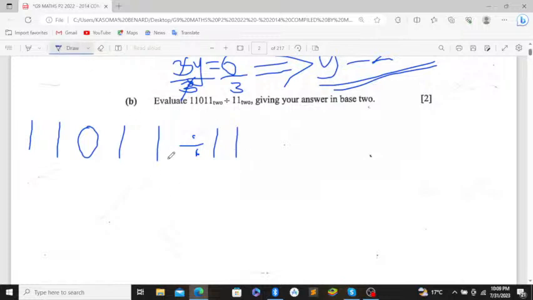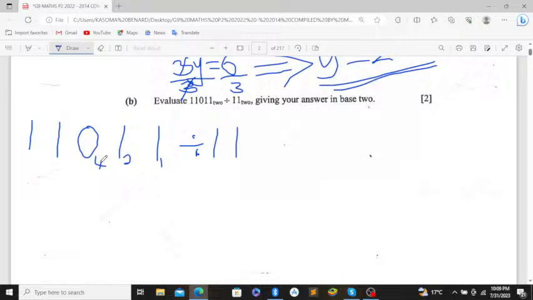The place value of this one in this figure is 1. The place value of this one is 2. The place value of 0 in this figure is 4. Okay, so I'm writing the place values of numbers in base 2.